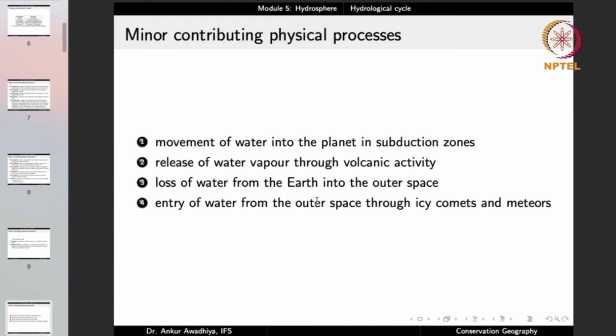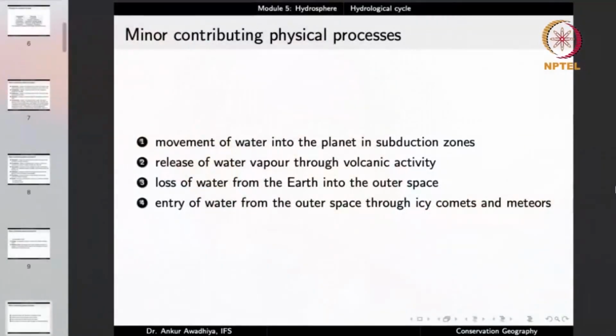So when water is moving up in the atmosphere, a part of it can also get lost into the space. Or some water may enter into the atmosphere through things like icy comets and meteors. So these processes also happen, but by and large, when we talk about the hydrological cycle, these are very minor processes. So very small amount of water is moving through these mechanisms. But it is important to note that these mechanisms also do exist.